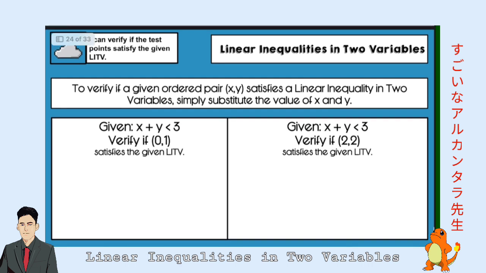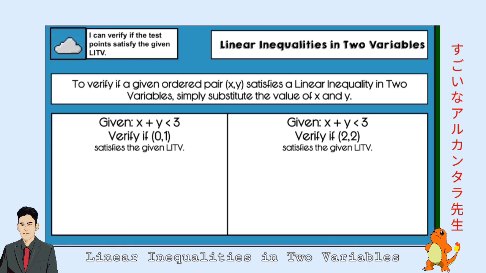Okay, so this is the test points thing that we have been doing earlier. It's given that we have x plus y less than 3, so we can simply do substitution. It's an important skill that you have to understand. So how do we verify? We know again that it's an ordered pair. You have x coming first and followed by y. So this means that x is equal to 0, y is equal to 1 in this given.